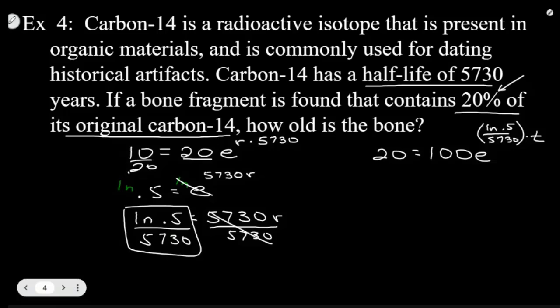So at this point, again, where's your variable? Up in the exponent, right? So let's solve this exponential equation. What will we do first? Divide by 100. In this case, that gives us 0.2.